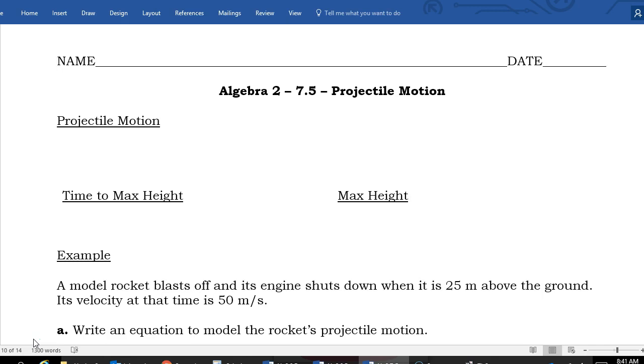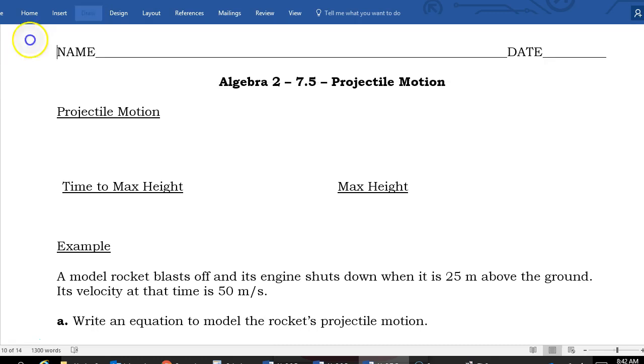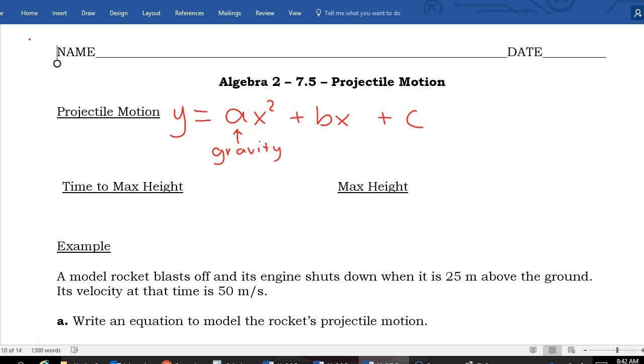The way that we would represent these in general form, y equals, or f of x equals, depending on what notation we're using, ax squared plus bx plus c. A always refers to gravity's pull, and we're going to use different values for gravity depending on what unit of measure we're using.